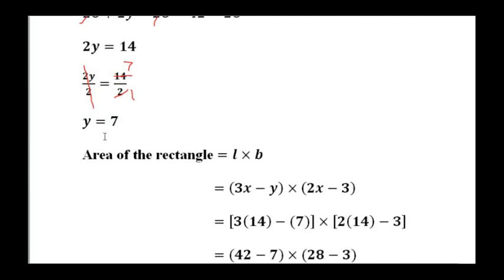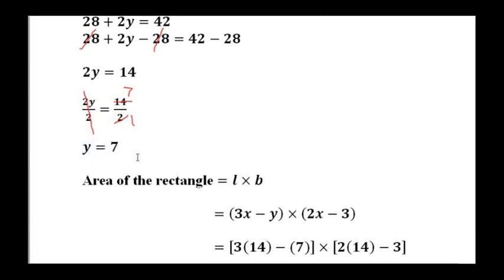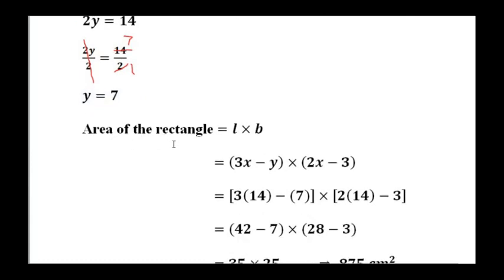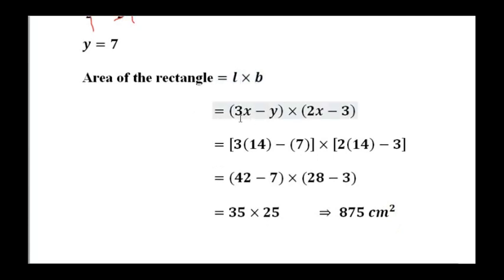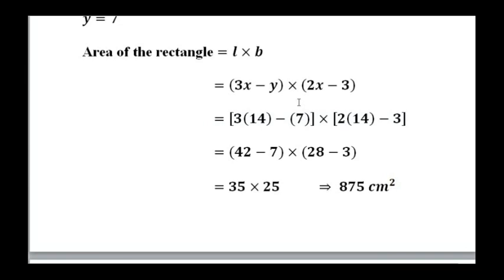Now we have found the values of the variables x and y. Now it's time to find the area of the rectangle. As we know, the area of the rectangle is equal to the product of its length and breadth. I'll take the length of the rectangle as 3x - y and the breadth of the rectangle as 2x - 3.